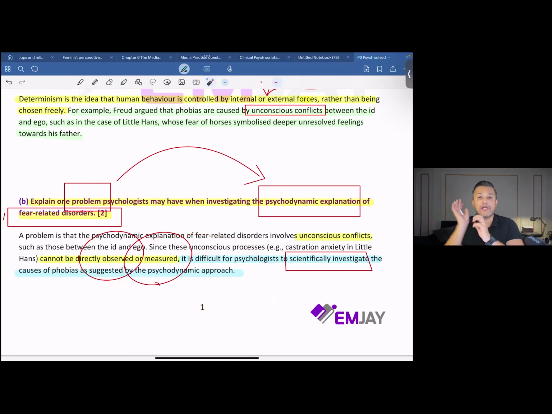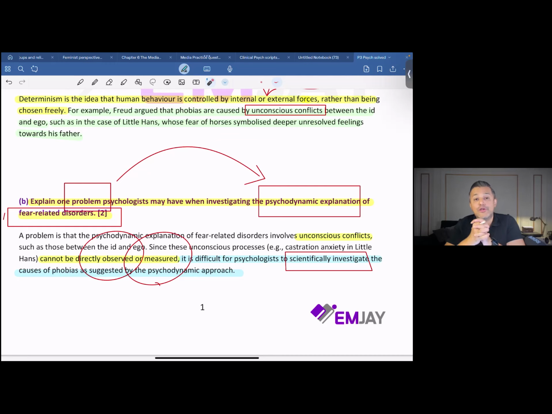So Freud, or the psychodynamic model or the explanation or the approach, very conveniently talks about how these unconscious conflicts that have not been resolved when young could lead to problems ahead. The question is, how is it that you're going to objectively measure them?